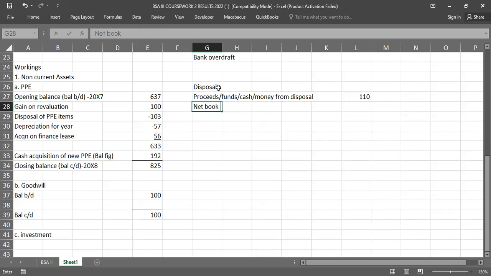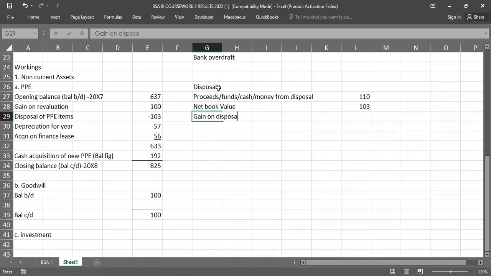We know that if there's a gain or a loss on disposal, it will be in the P&L. But we also know that the gain or loss on disposal is non-cash, so you're supposed to adjust for it. Net book value is given here as 103, so meaning that we had a loss. Actually, it's a gain.